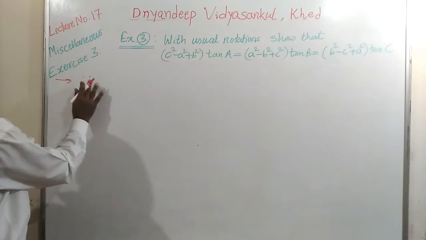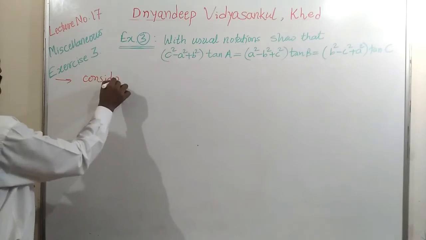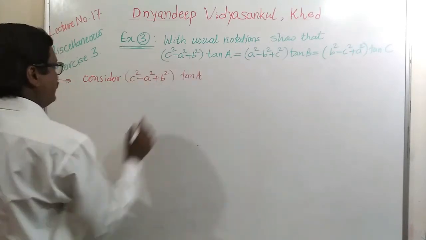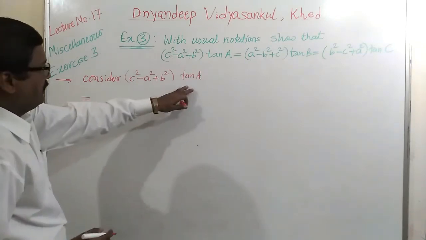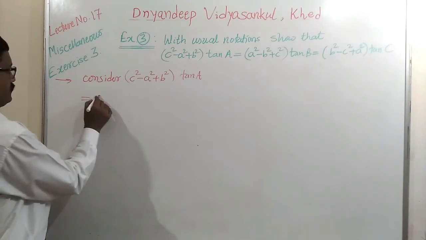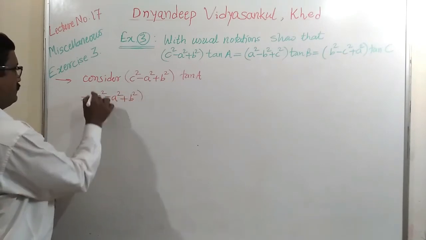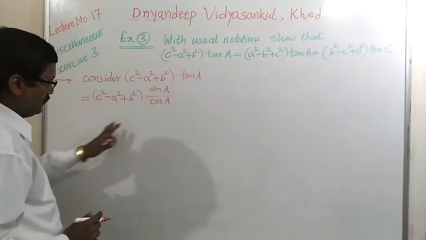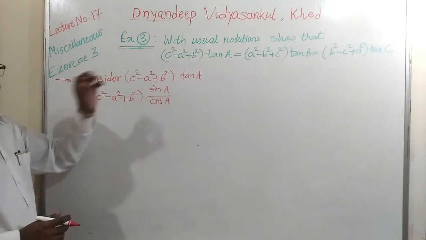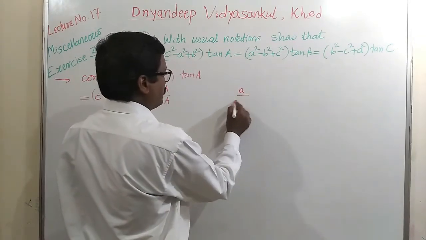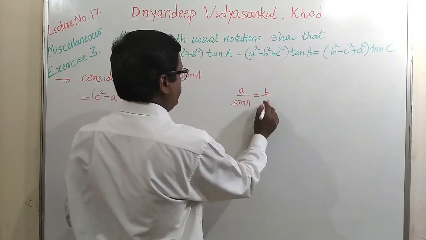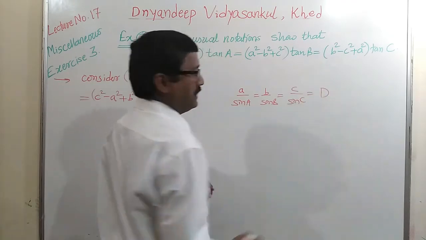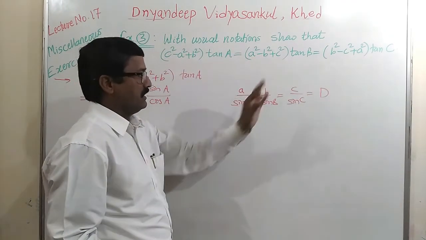Consider (c square minus a square plus b square) into tan A. Now tan A is nothing but sin A upon cos A. So (c square minus a square plus b square) sin A upon cos A. We know the sine rule: a upon sin A equal to b upon sin B equal to c upon sin C, equal to 2R, that is twice the radius of the circumcircle of triangle ABC.